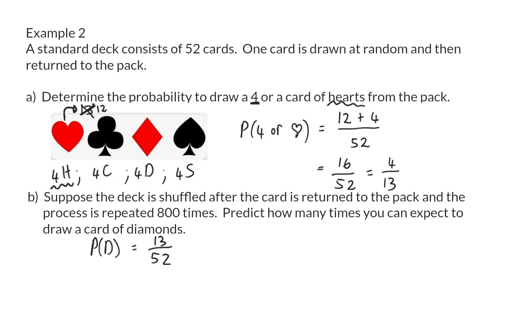So the probability of removing a diamond every time you draw a card is 1 out of 4. If you repeat this process of drawing a card, putting it back and shuffling 800 times, a quarter of those 800 times you should expect to draw a diamond. That means we can predict that about 200 of those cards drawn will be diamonds.